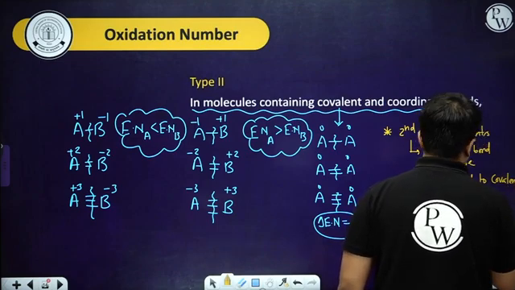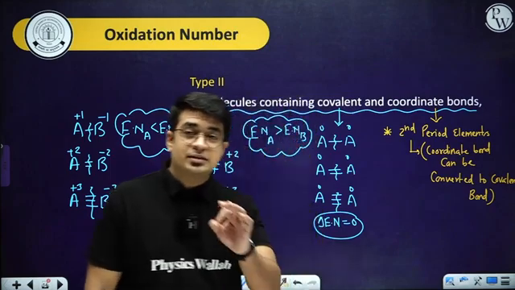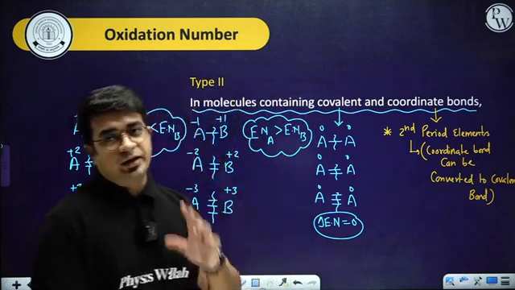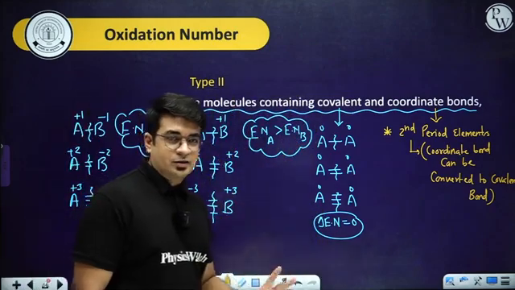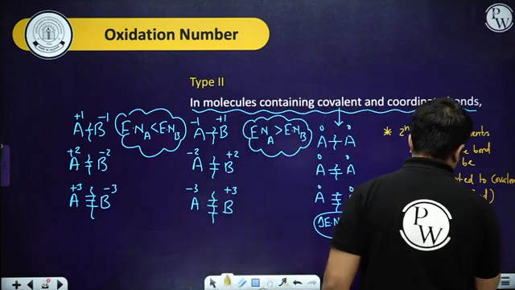This is the first part, that a coordinate bond can be easily converted into a covalent bond in case of second period elements, and this part is a covalent single bond.